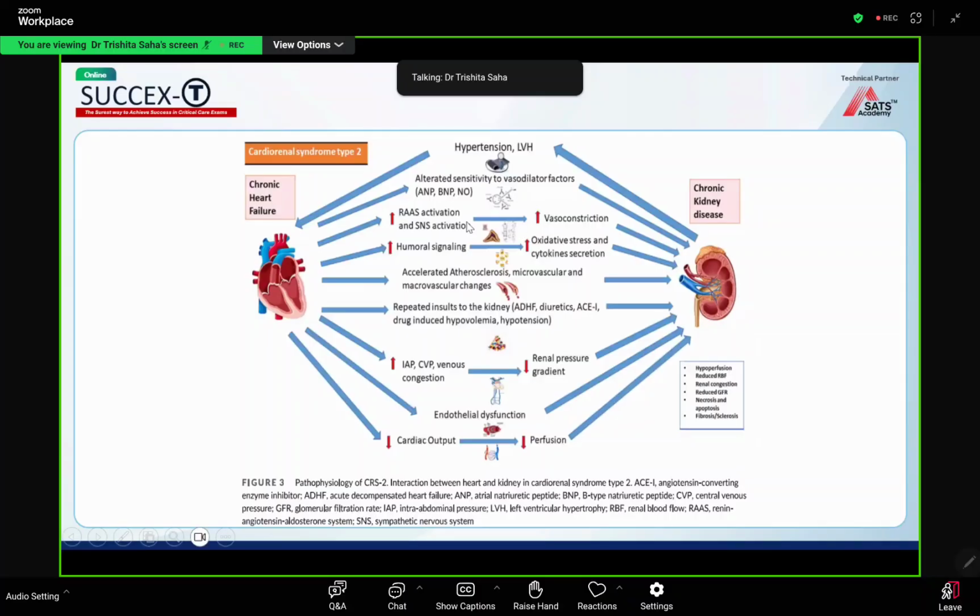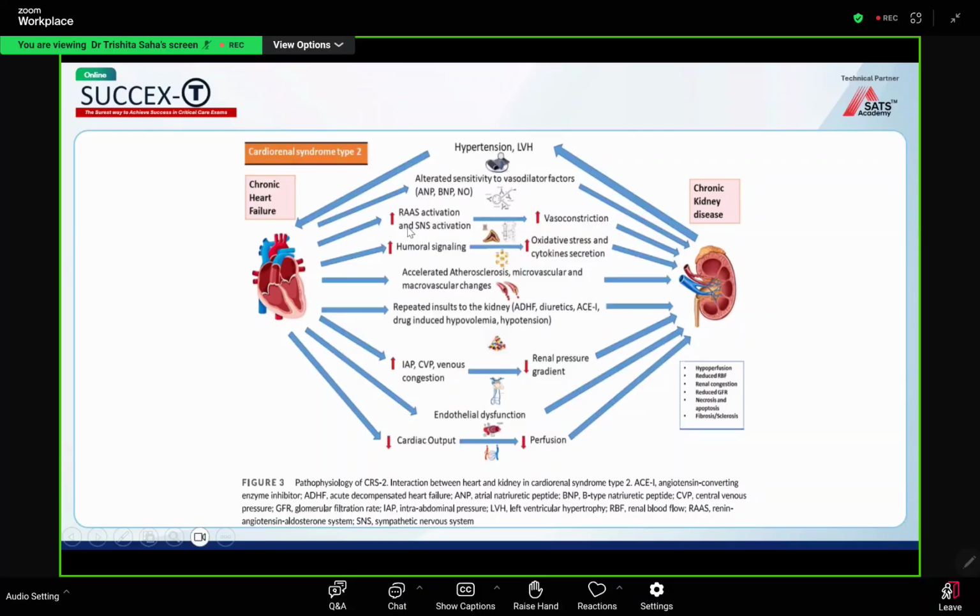Then this is the pathophysiology of cardiorenal syndrome type 2, where basically both are the same, only chronic heart failure, there is altered sensitivity to the vasodilator factors, ANP, BNP. BNP is one of the most important cardiac markers for any heart failure patient.